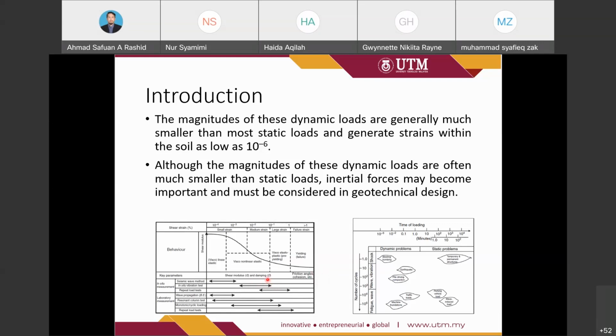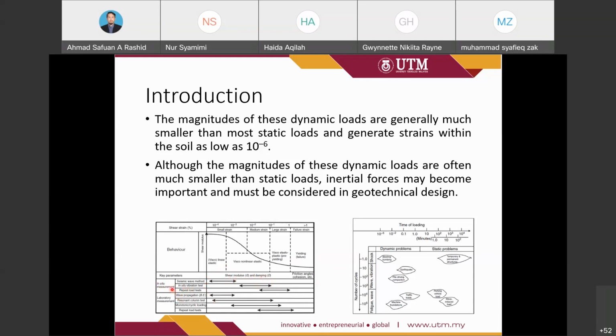For the small strain condition, these are some examples of the measurement devices that can be used to obtain the shear modulus and the damping value.